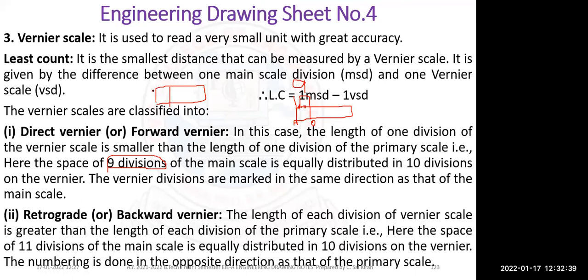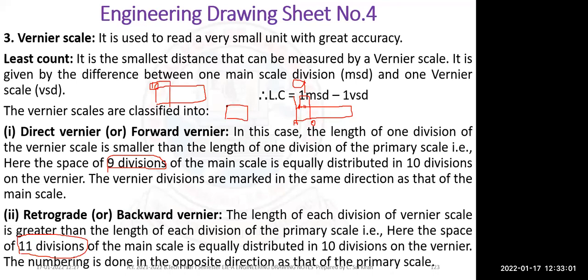I'll divide this into 10 divisions, 0 to A. Whatever the 9th to 10th division is, I'm adding one more scale here. I'm increasing one more division, and I'm making it 11 divisions. If I make 11 divisions, it is called the backward scale.